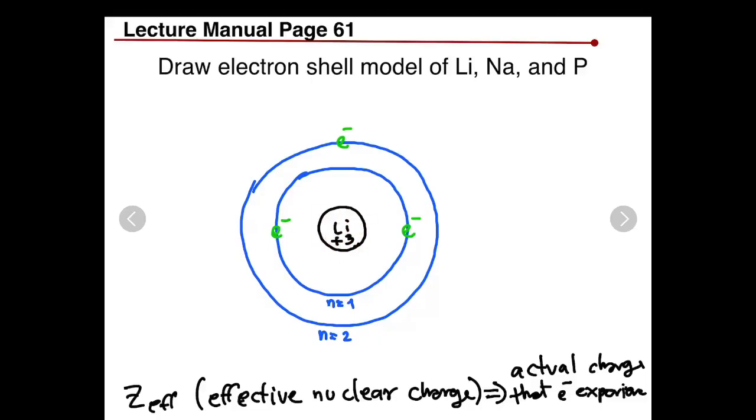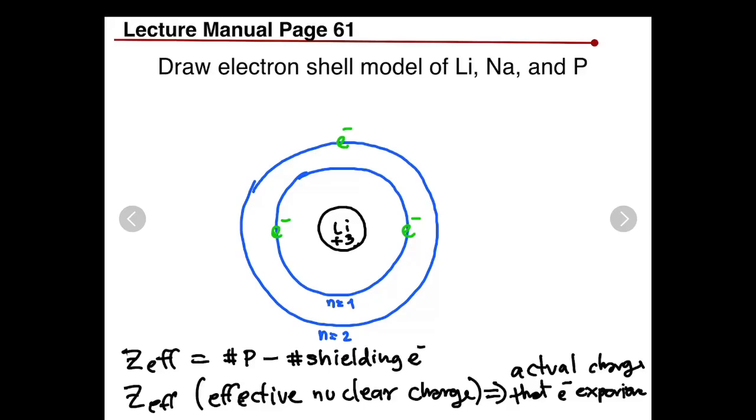That means, in order to calculate the effective nuclear charge, it can be calculated by using the number of protons inside the nucleus minus the number of shielding electrons.